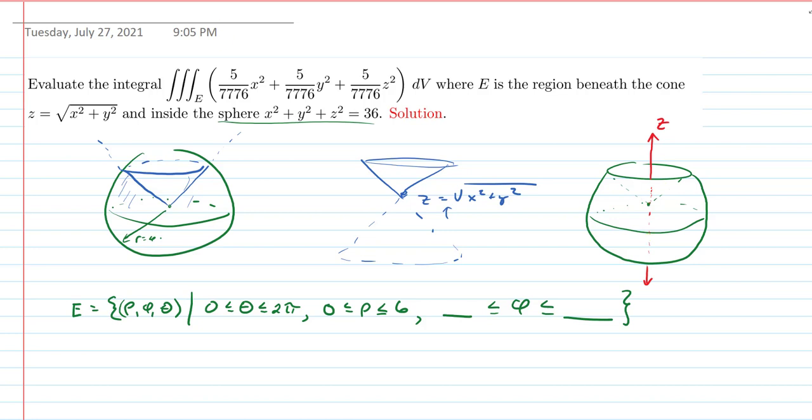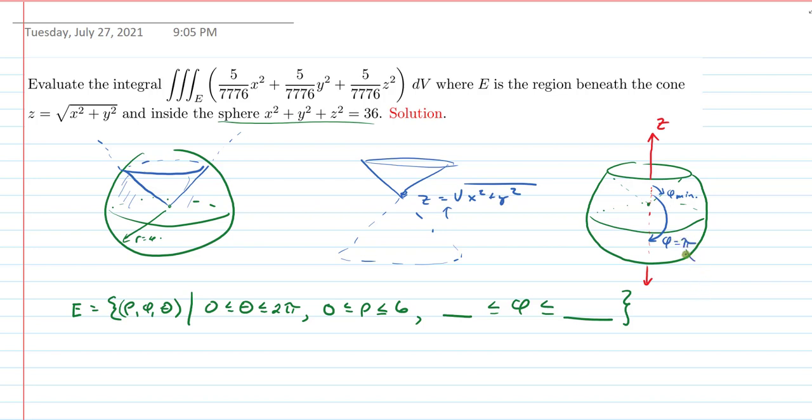So let's see here, I guess we'll do blue. So this phi doesn't begin until we get to here. This would be our minimum value for phi, because we don't want to include anything of where the cone originally was. And then our maximum value of phi is all the way down here to the value phi equals pi.